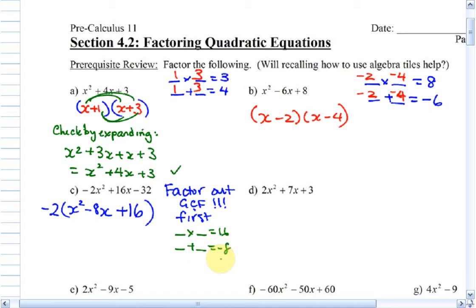And what do we have? Negative 4 and negative 4. Right, they're the same thing. So negative 2 bracket x minus 4 times x minus 4. Or if you want to be mathematically sophisticated, how do I write those two things a little bit nicer? I'll say this is negative 2 bracket x minus 4. And if it's the same thing, we'll just say it's squared.